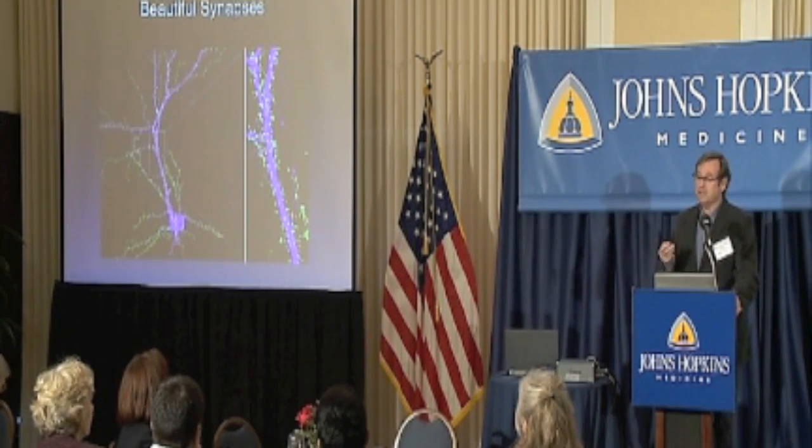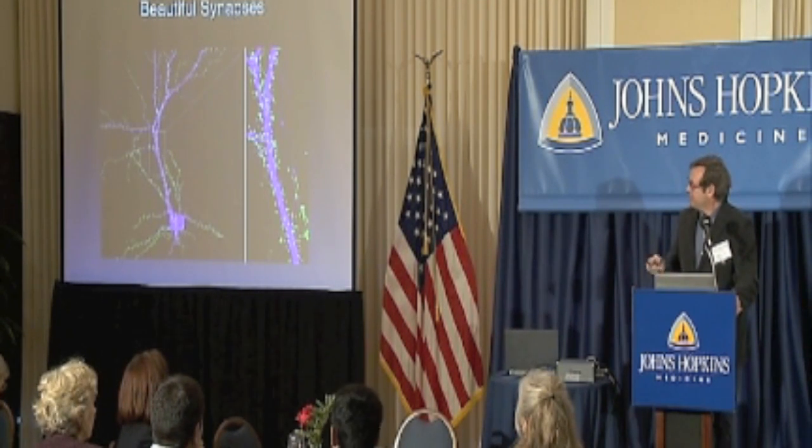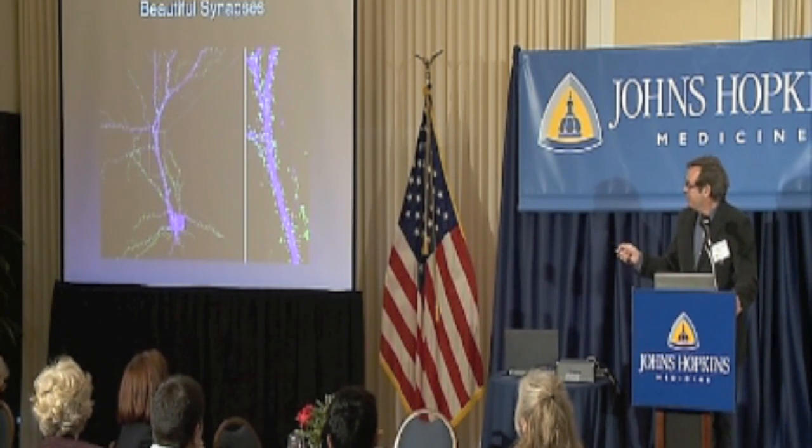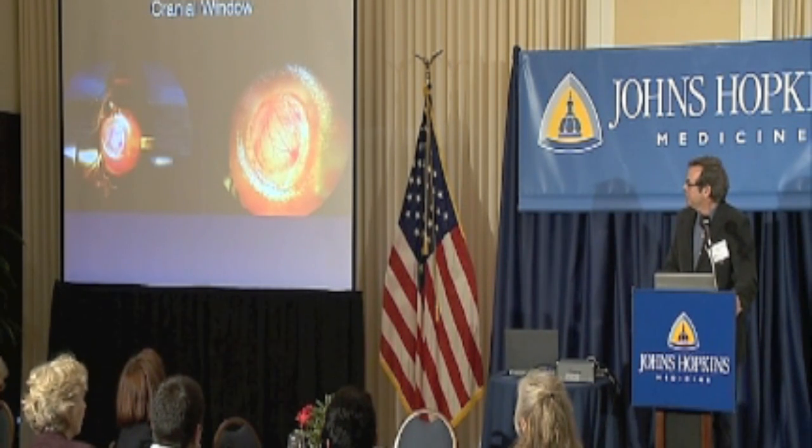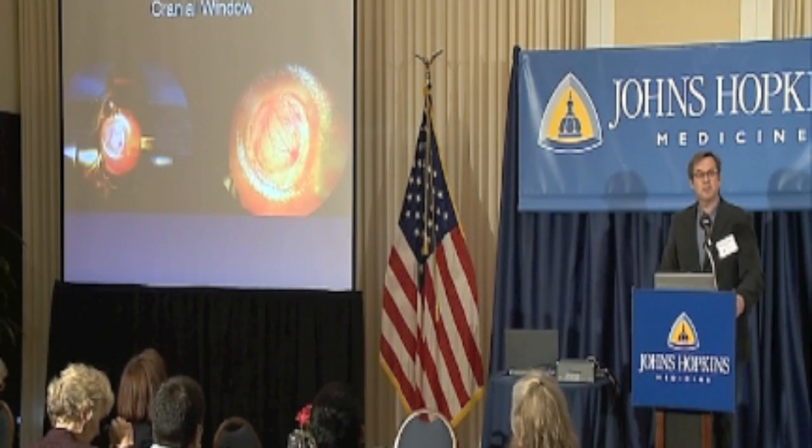But as I said, we're interested in disease too, so we're starting to work with human tissue and human stem cells. So we've been studying how these receptors move around in tissue culture. But with the new methods, we're now trying to look at how receptors actually move around in intact animals while they're awake and behaving. And if you had said we could do this to me 10 years ago, I would have said you're crazy.